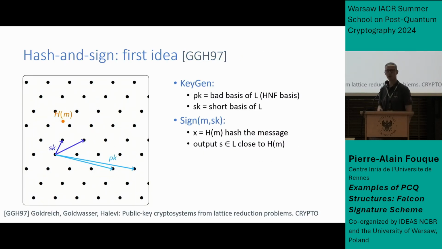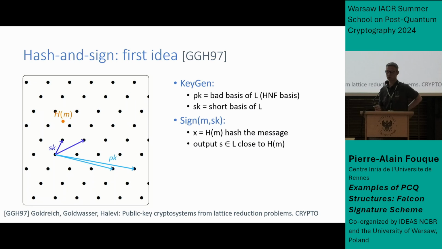Okay, so now how can we generate a signature? The public key is just a bad basis of the lattice. You can generate a short basis, for instance, and use some HNF transformation on the basis, and it will give you a relatively bad basis. The short basis will be the secret key.